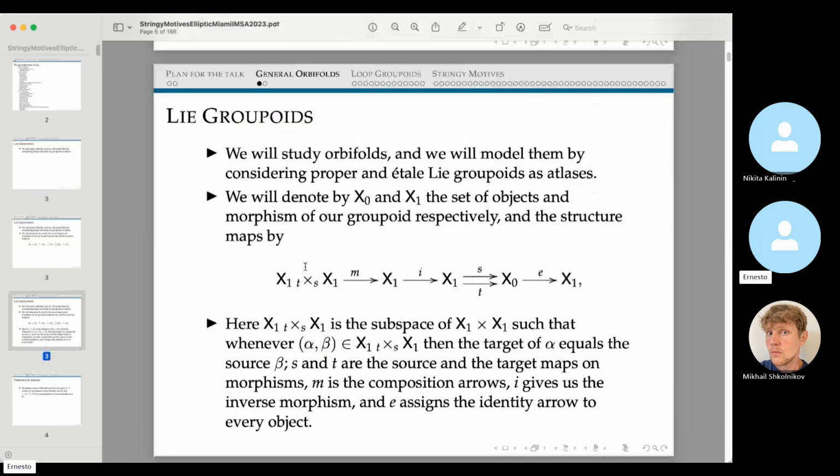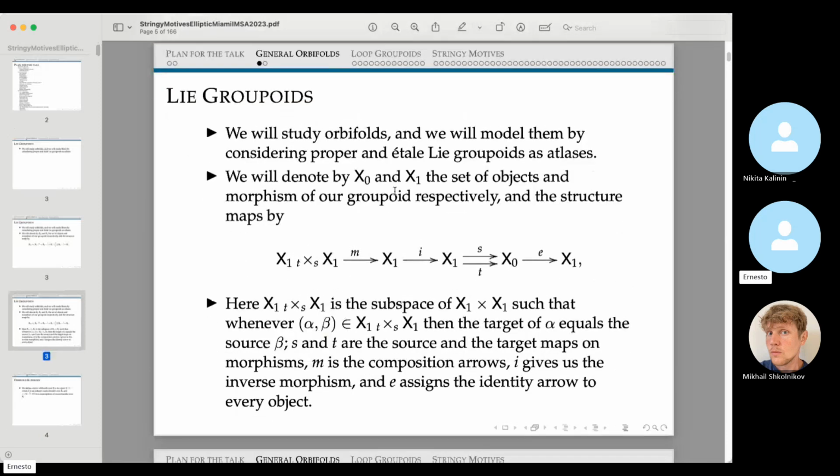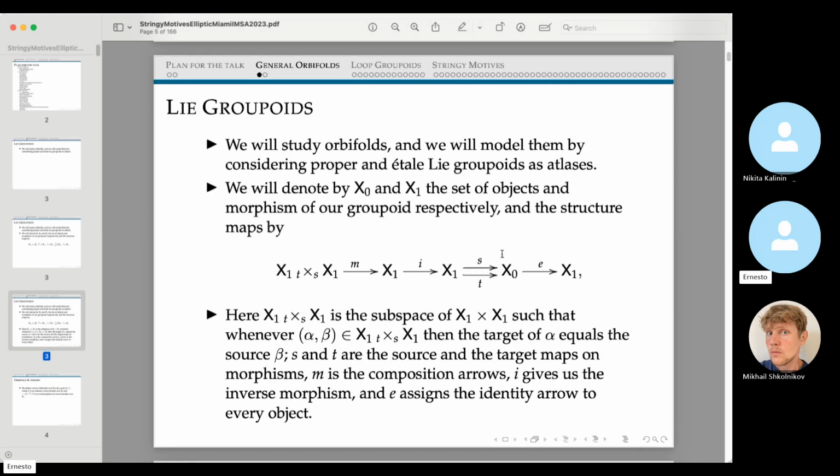We're modeling orbifolds by Lie groupoids with additional characteristics. We're asking that all these maps are local diffeomorphisms, that all these sets are actually C-infinity manifolds, and more or less that they are also proper maps to avoid infinite stabilizers.